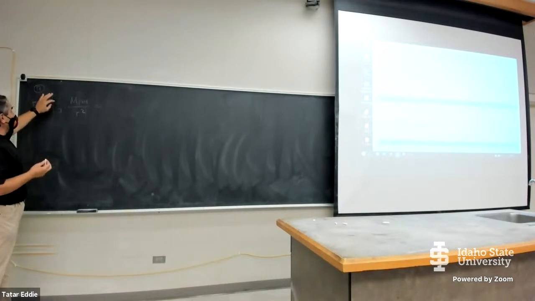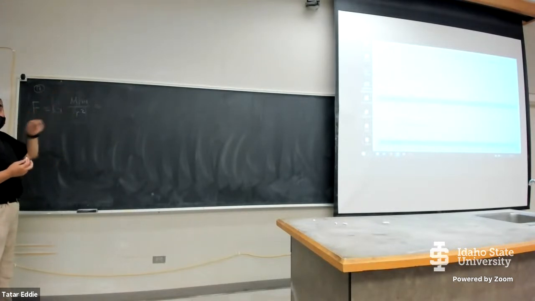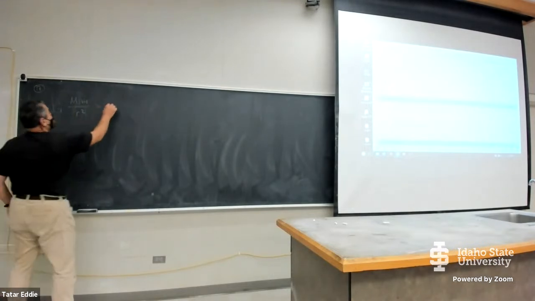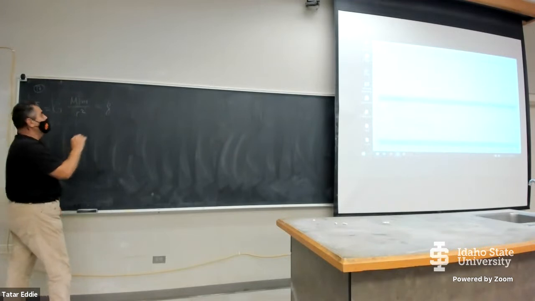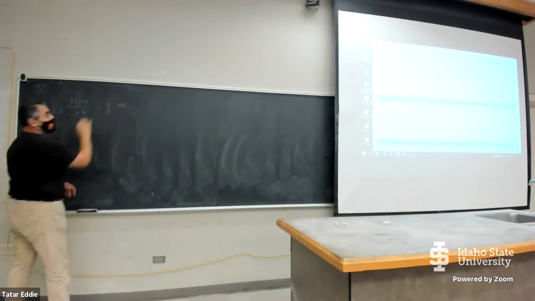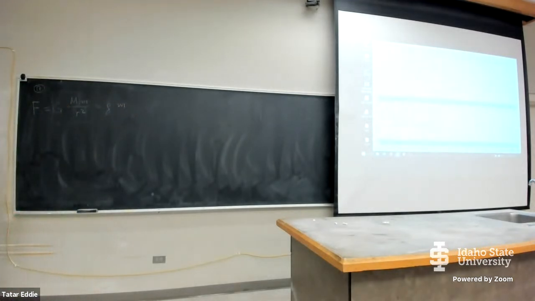So the product of G times M divided by R squared is the acceleration due to gravity. So the gravity force can be calculated this way.